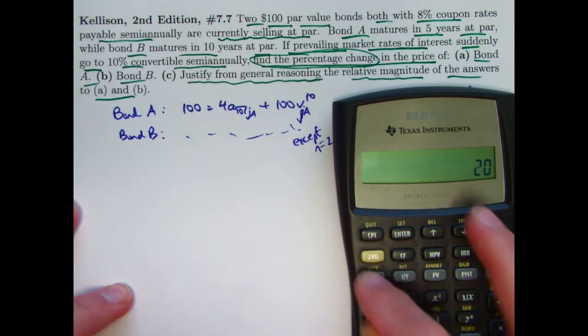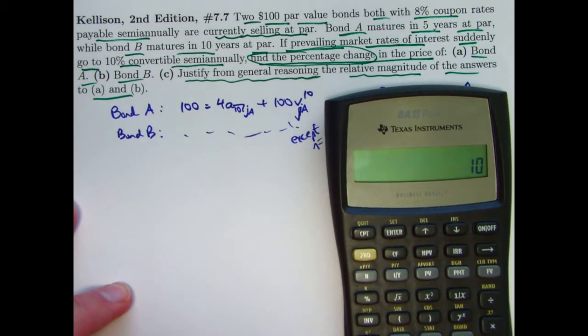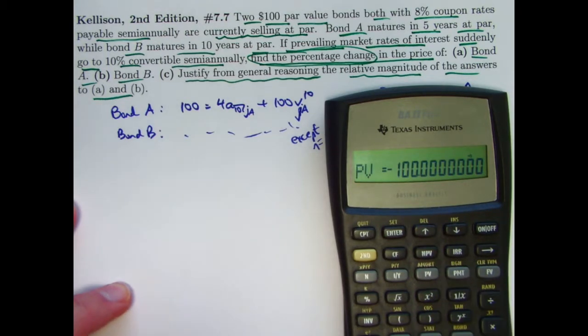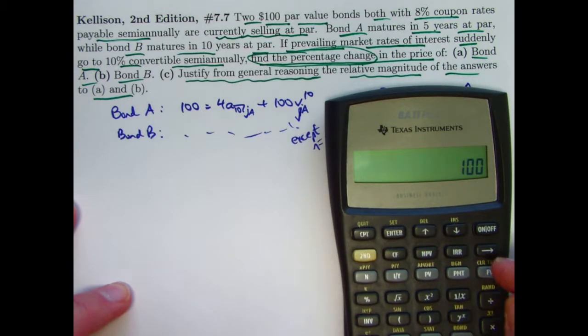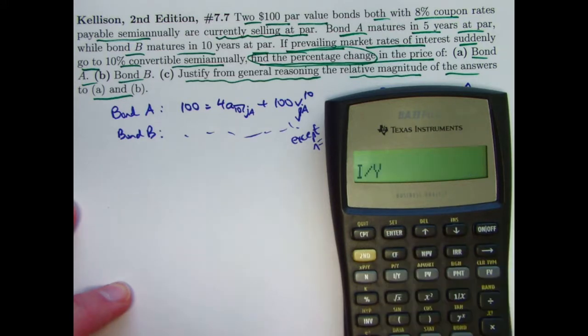Plug in 20 for n. Plug in the same other numbers. Present value as a negative goes into PV. Coupons, 4, goes into PMT. 100 future value, the redemption value, goes into FV. Compute interest per period, you still get 4%.